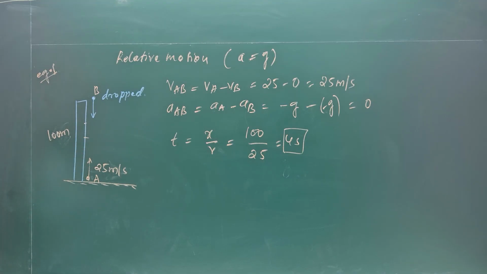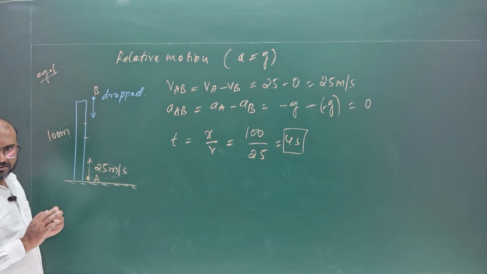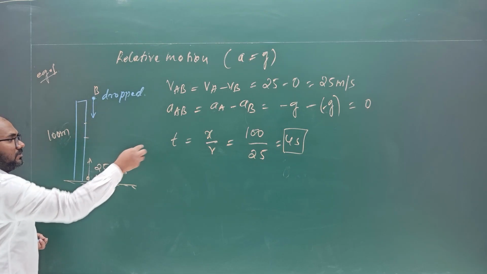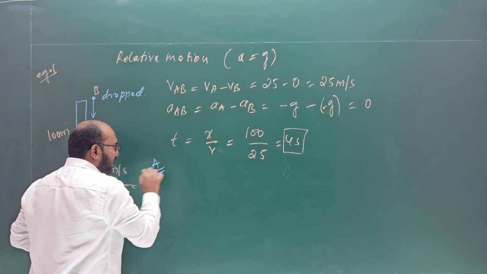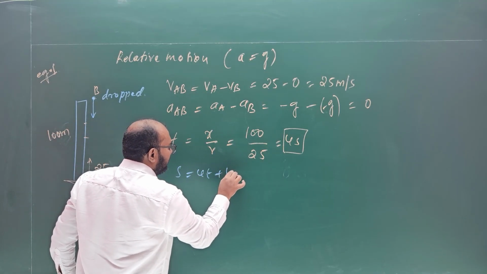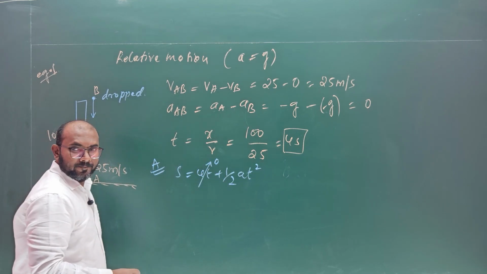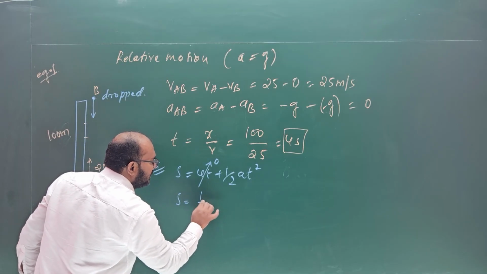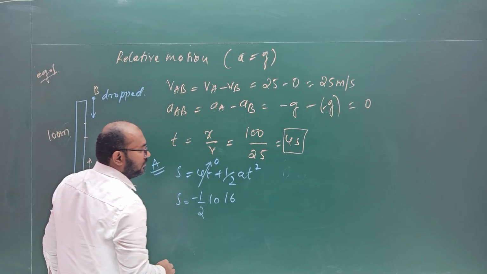Now let us check our answer at 4 seconds. Let us see where B is after 4 seconds, where A is after 4 seconds. If I am calculating for B, I will use S equals ut plus half at squared. Initial velocity of B is 0. So S equals half of g, that is minus 10, times t squared, t we got 4, that is 16.